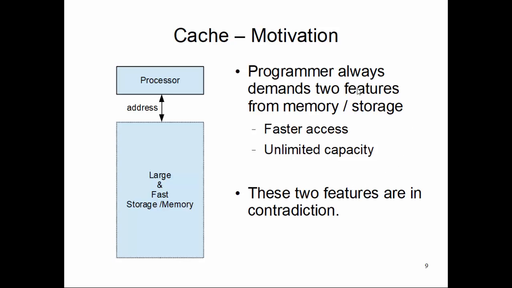As a software programmer, we always look for two features, especially from the memory or the storage: faster access and unlimited capacity. We always read and write from the memory, so of course our program performance depends on how fast our memory or storage can work, how fast we can read and how fast we can write.